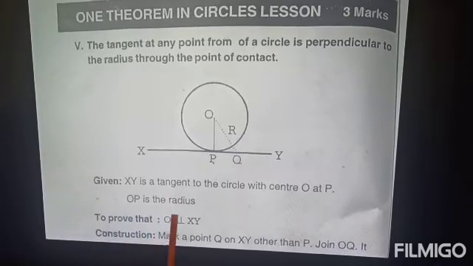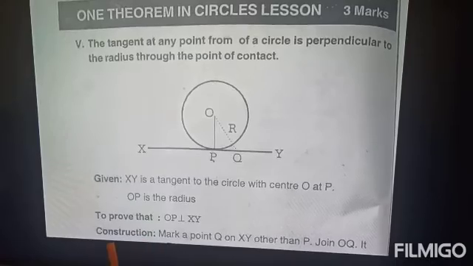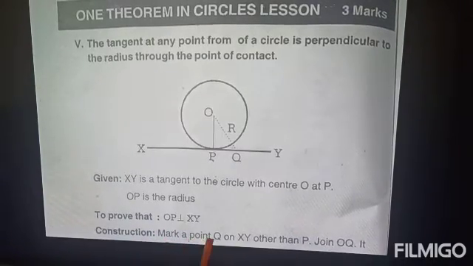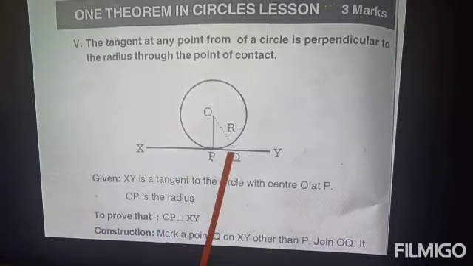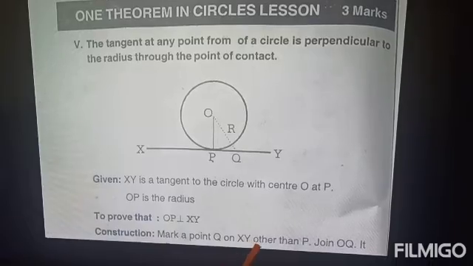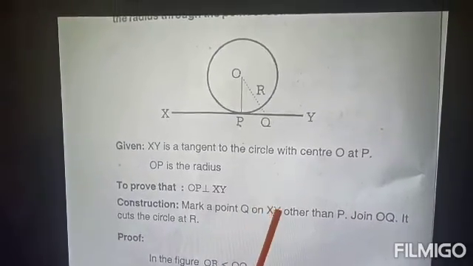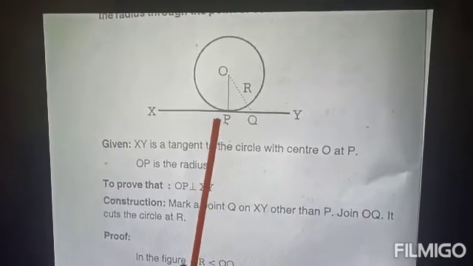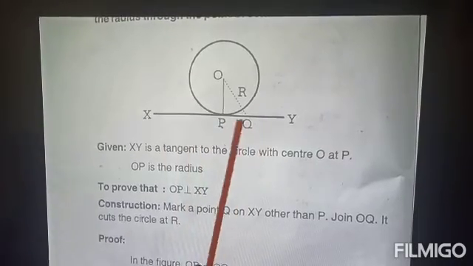To prove this, we need an extra construction. Mark a point Q on XY other than P. P is already there, so except this P, one more point anywhere, this side or that side.